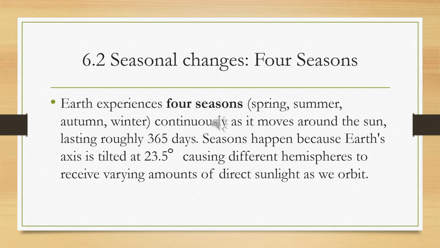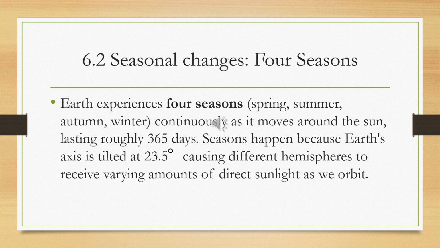Now, since you know the difference between rotation and revolution, we will discuss the 4 seasons. The Earth experiences 4 seasons. As we all know, they are spring, summer, autumn, and winter, continuously as it moves around the sun, lasting around 365 days.